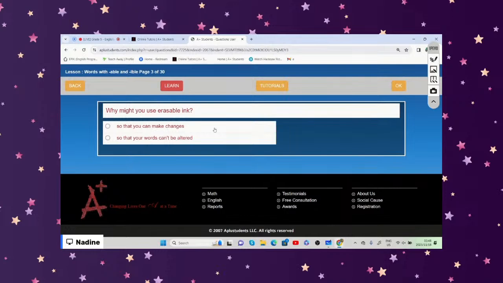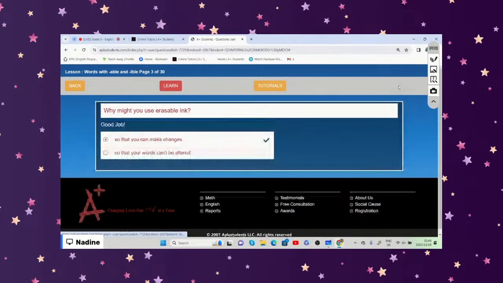Is it so that we can make changes or so that our words cannot be altered? All right, so if we choose the correct one, then we can say it is so that we can make changes, right? And well done, everybody.